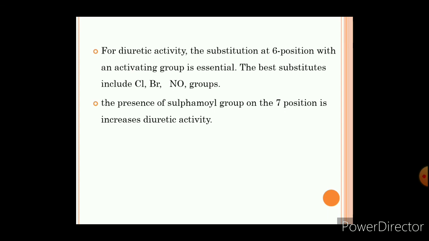This means that an activating group at the 6th position increases the activity of diuretics. The last point is that the presence of a sulfamoyl group at the 7th position increases diuretic activity, and this group at the 7th position is essential for the activity. So this is the SAR for diuretics.